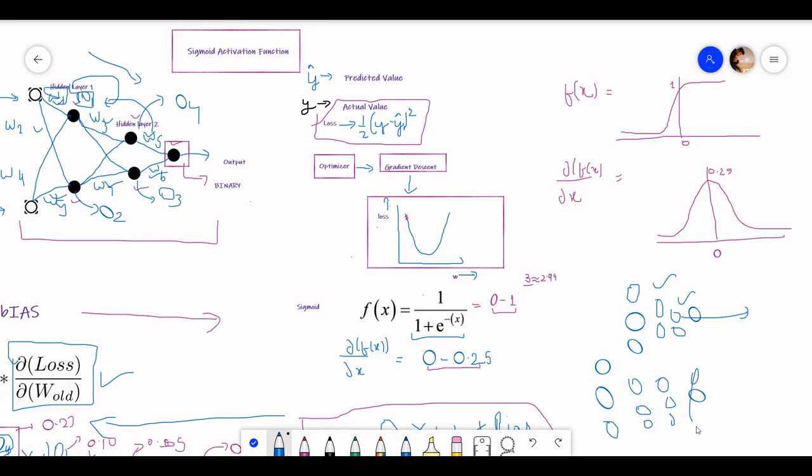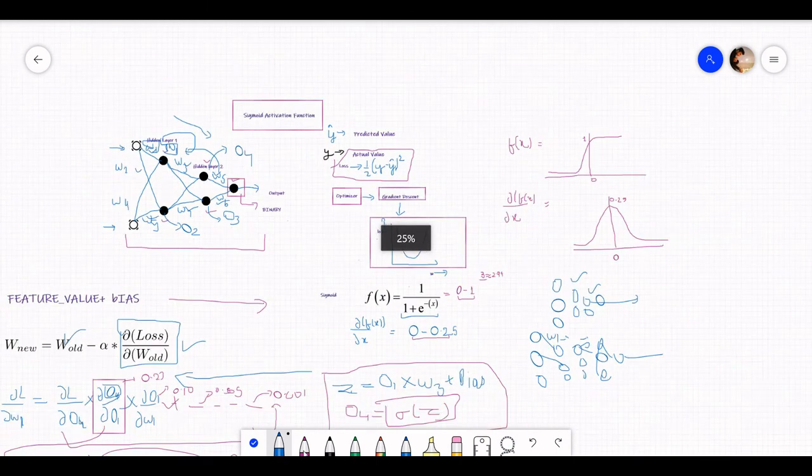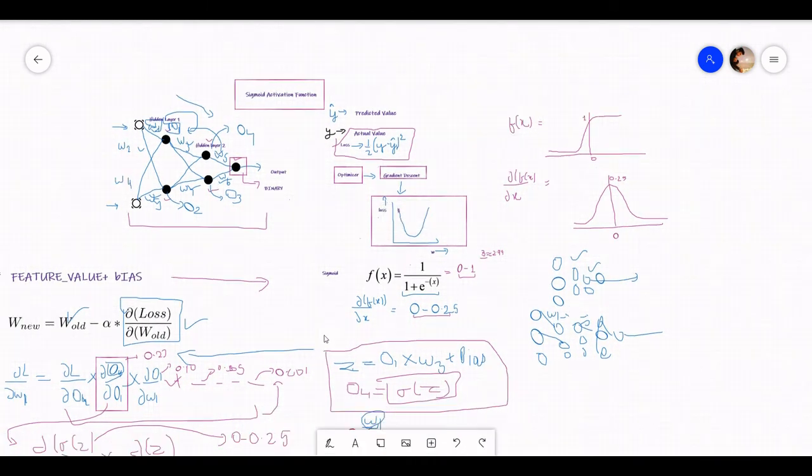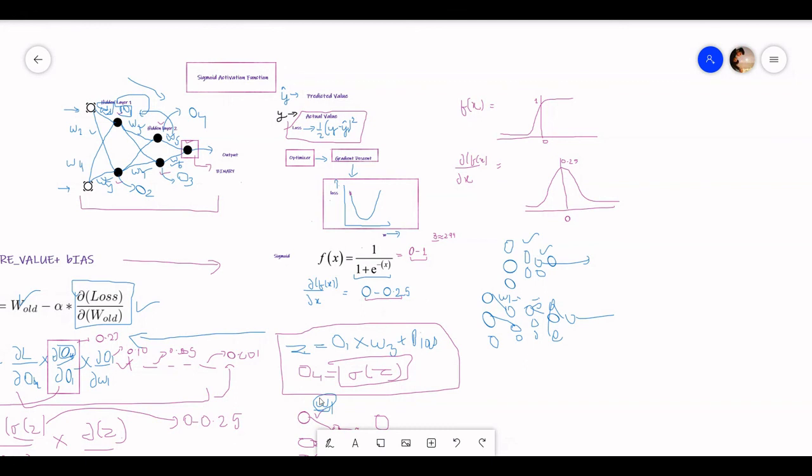The derivatives found in those neurons will become very small numbers. Because of that, the sigmoid activation function gives us the vanishing gradient problem. The vanishing gradient problem simply means our weight updation becomes unsuccessful because our derivative becomes a very small number. This is the main problem with our sigmoid activation function.